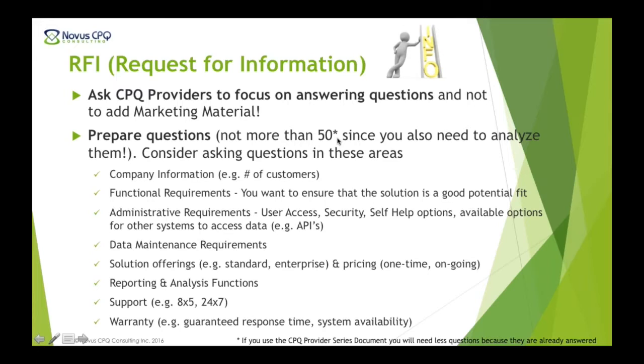The point over here is if you send this to 10 different providers and they all answer this question, you also have to analyze it. So you really want to make sure what you're asking over here makes sense, provides you valuable information that you absolutely need, and then you go ahead and send it out.